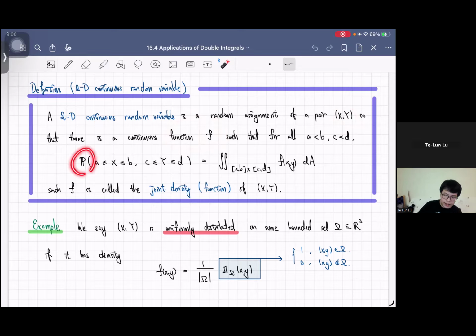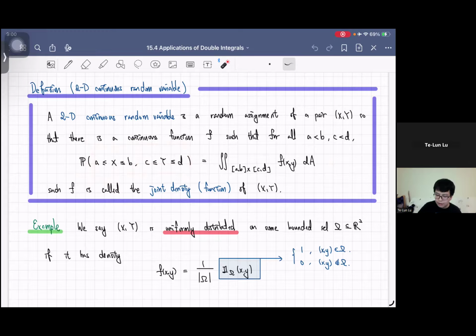The probability that x is within a and b, and that y is within c and d, can be evaluated using this double integral, the integration of f on the rectangle [a,b] times [c,d]. So this is just like the one-dimensional case, but you simply enlarge the domain to be two-dimensional. We previously only had this, and now we have two variables, right?